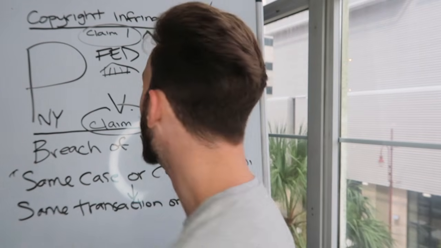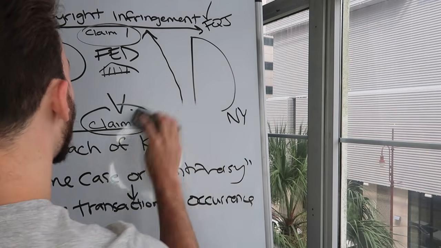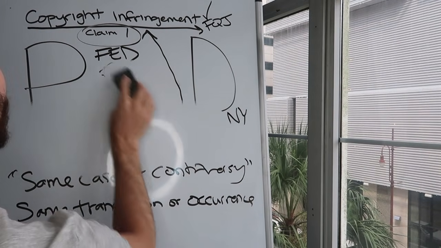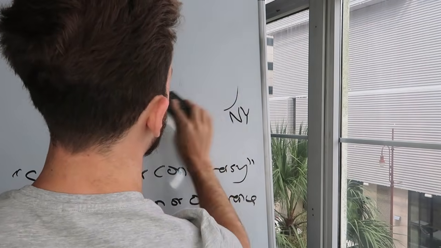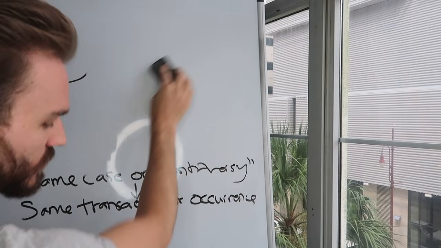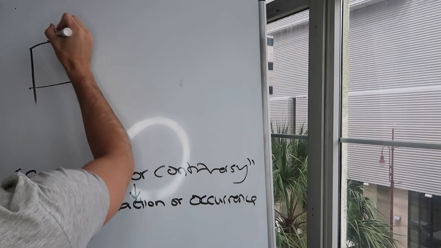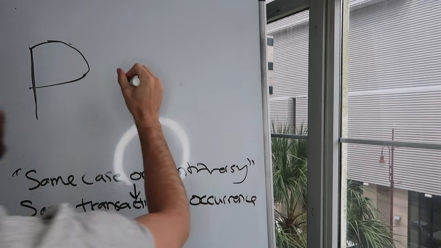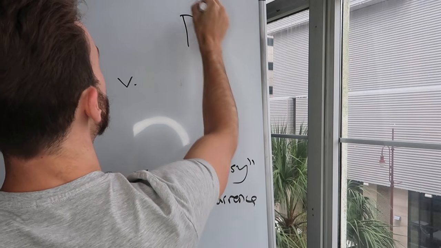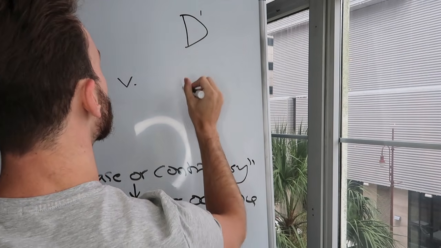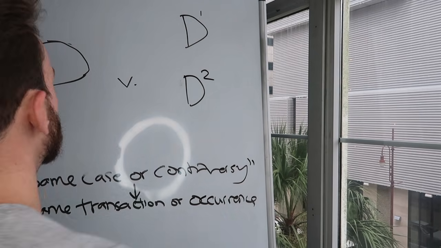So for example, just for a quick example, I don't even know how to draw this stuff. Okay, let's say there's multiple defendants. This is a common one. Let's say you have multiple defendants. So let's say P versus D1 and D2. And let's say the exact same situation.